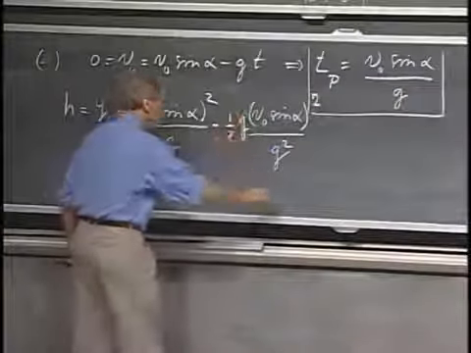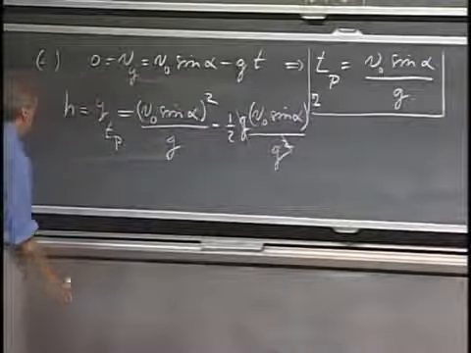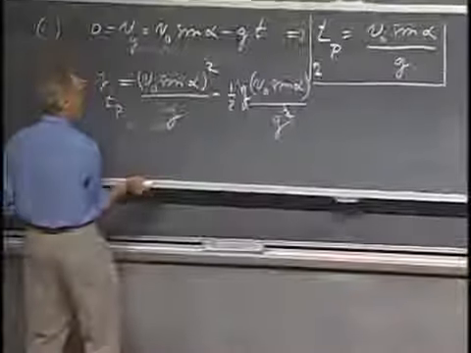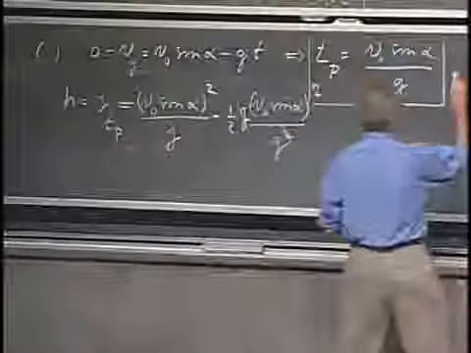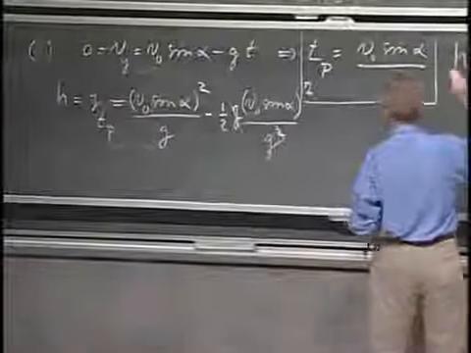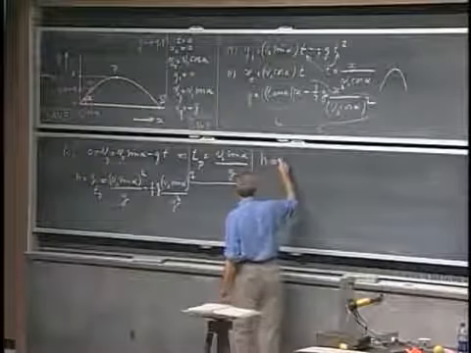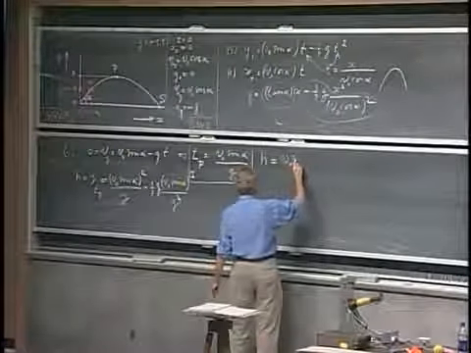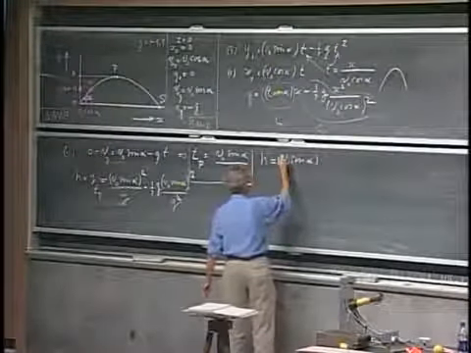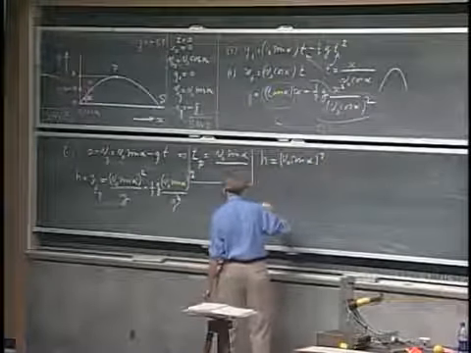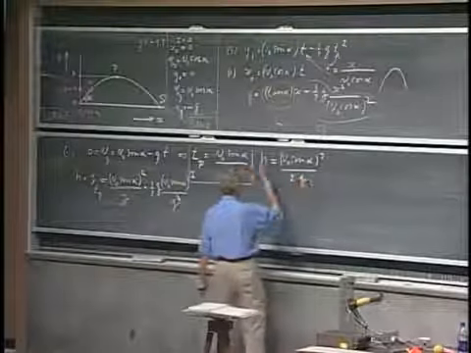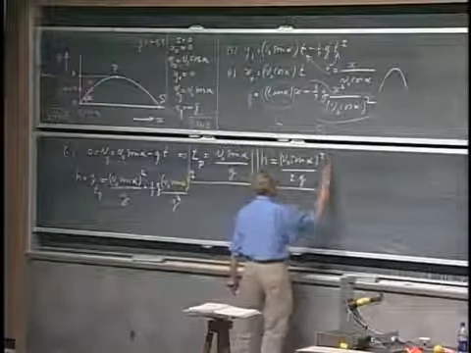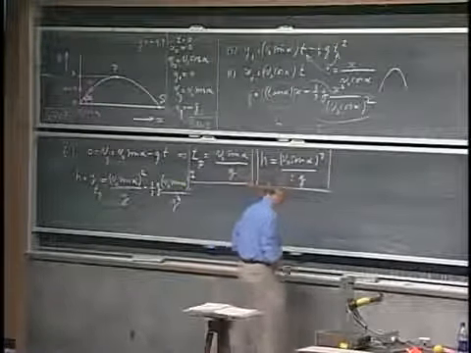You lose one g, and you will find then that the highest point in the sky, let's write it down here so that we don't block that blackboard, equals v0 sine alpha squared divided by 2g. That is the highest point.